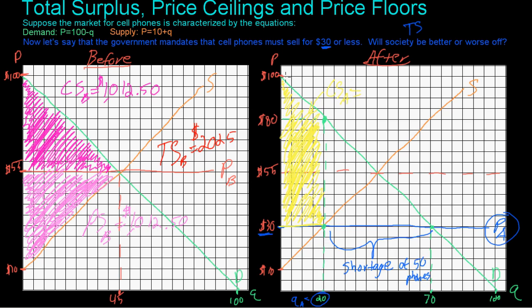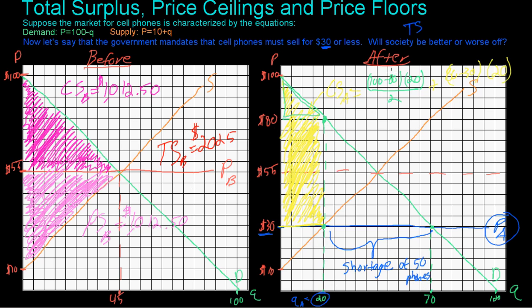The area of the green triangle is just going to be 100 minus 80, this leg right here, times 20, the base, divided by 2. And then the area of the rectangle, changing colors so that I can keep this consistent, plus 80 minus 30, which is this leg right here, times 20.